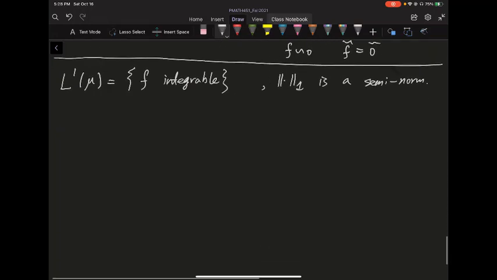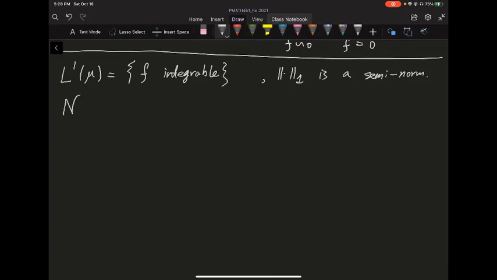So automatically we can identify the kernel. Its kernel is basically all the f which have semi-norm, the one norm, equal to 0. You can say this is essentially all the f such that f is equal to 0 almost everywhere mu. We proved this in the last video.